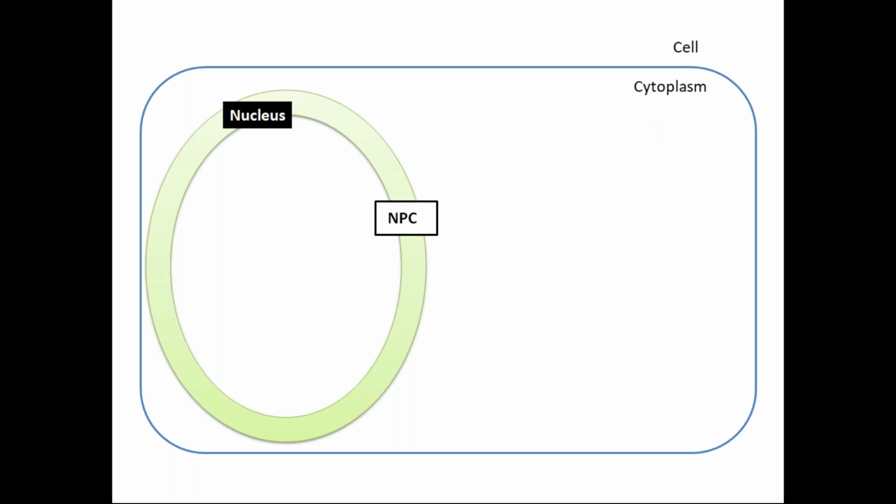Now see, suppose I have this cell, and listen very carefully. This is very important, and if you get this mechanism, everything will be clear. This is your cell, this is your cytoplasm, this is your nucleus, and this is your nucleoplasm, this is your nuclear pore complex. That means this is your gate. Through this gate, the protein or the cargo has to enter.